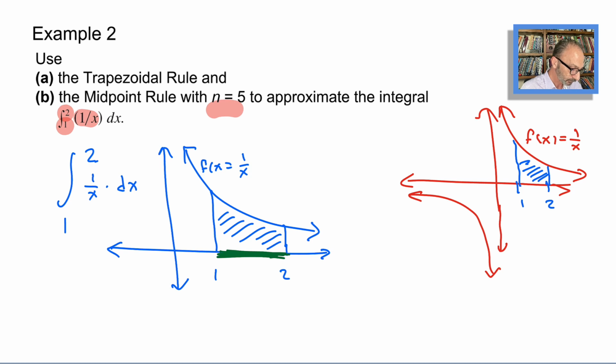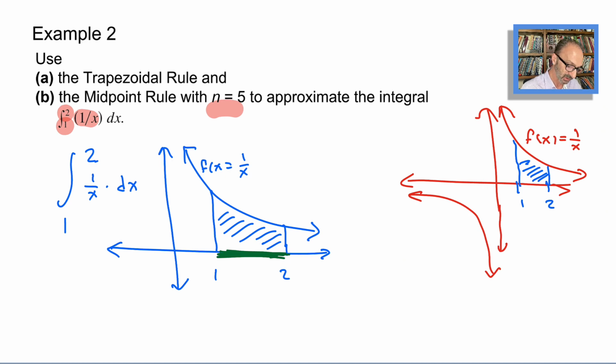Now, example number 2 says use the trapezoid rule and the midpoint rule with n equals 5 to approximate the integral of 1 over x dx from 1 to 2. Well, 1 over x is a function that we know how it looks like. It's called the reciprocal function.